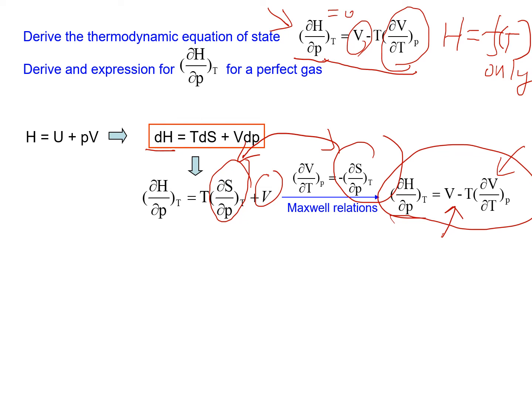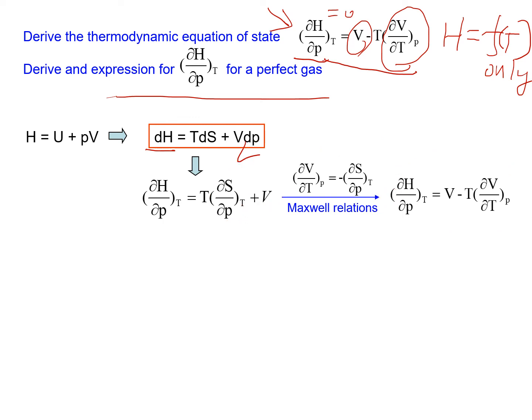The next question is to derive this same equation but for an ideal gas. We know this should be 0 because ideal gas enthalpy shouldn't change with pressure. But now let's apply the equation we just derived for an ideal gas. We can calculate the partial derivative of volume over temperature for an ideal gas.